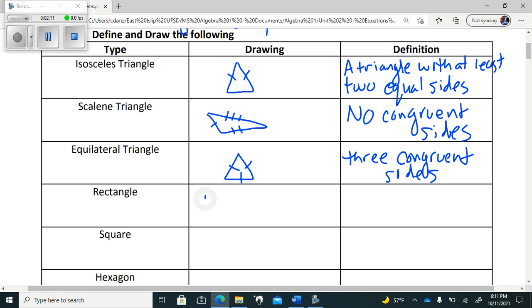A rectangle is a parallelogram with opposite sides parallel and congruent.